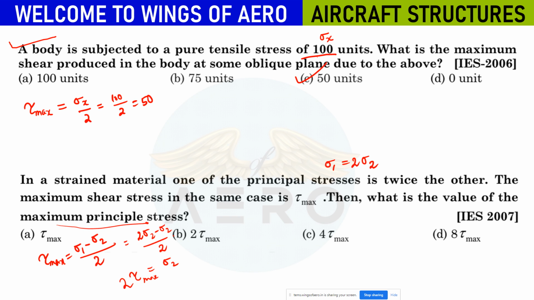So sigma 1 equals 2 into 2 tau max, that means you will get 4 tau max. Read the question carefully. They ask the value of the maximum principal stress. So what is the right answer? Which option? C.